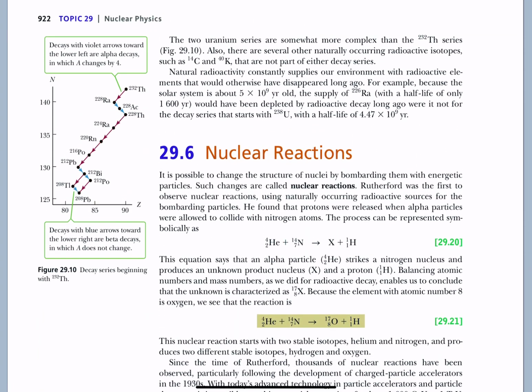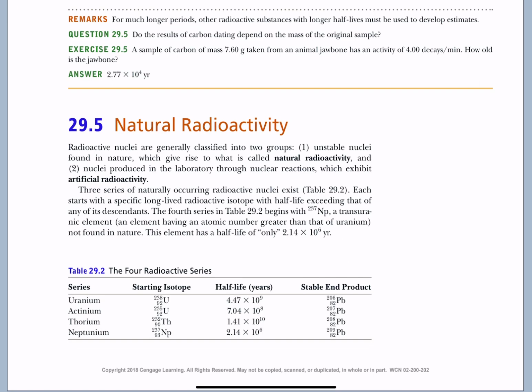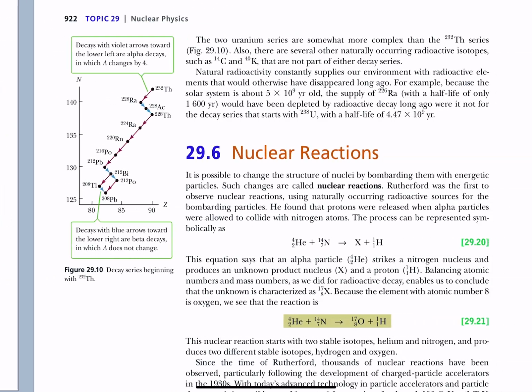And in this chart in the upper left-hand corner, it turns out we have 4 different decay series. Radioactive isotopes seem to be on one of these 4 pathways from an unstable element down to a stable isotope of lead. The previous page, let's go back, these are the 4 pathways beginning with these 4 radioactive isotopes: uranium, actinium, thorium, and neptunium, which of course is synthetic or artificial.